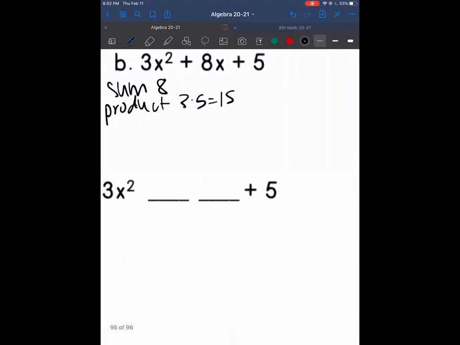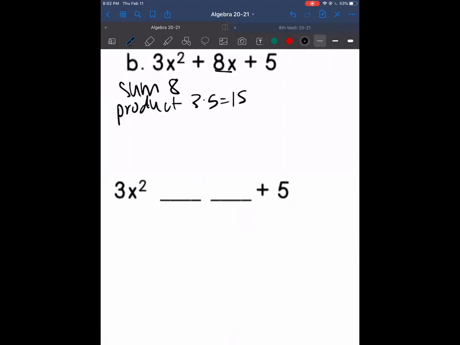So what we're doing is we're taking this b term and rewriting it with our integers. Remember that it's going to have the x there. That hasn't gone away. When we were multiplying our polynomials, we ended up with these two terms and we had to combine like terms. We're doing the exact opposite of that. We're going backwards, breaking up those like terms.